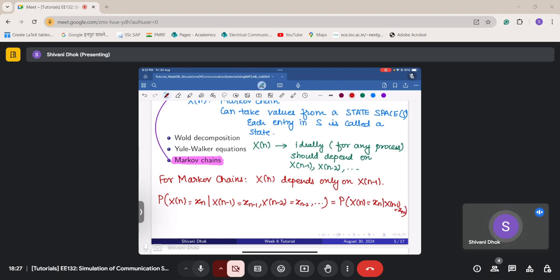So it says that this particular thing is independent of whatever is happening before its previous transition. It only depends on the process value just before that, and has nothing to do with whatever happens before that. This is known as the Markov property.